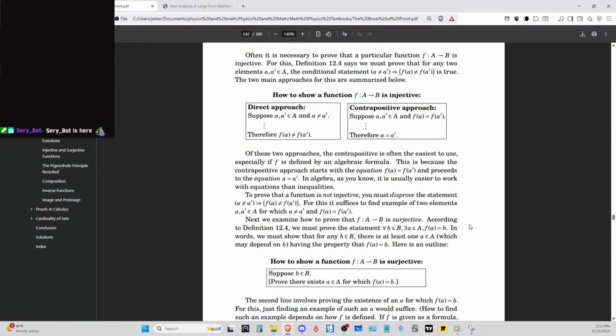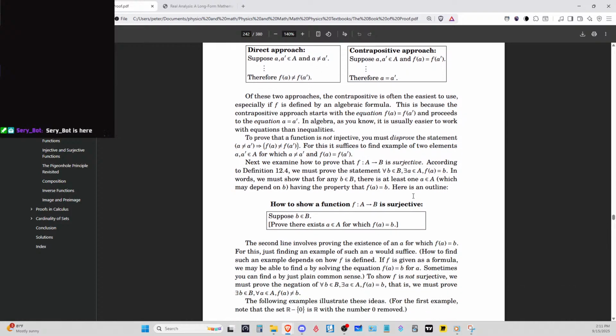This is because the contrapositive approach starts with an equation f of a is equal to f of a prime and proceeds to the equation a is equal to a prime. In algebra, as you know, it is usually easier to work with equations than inequalities.